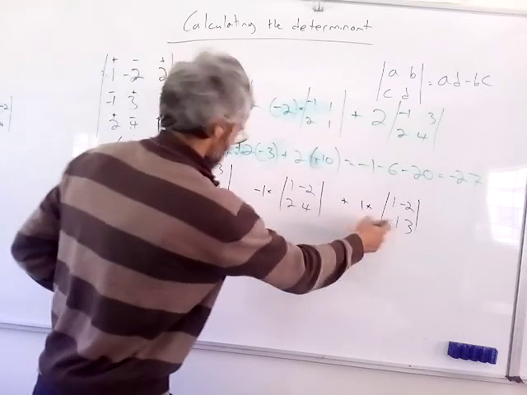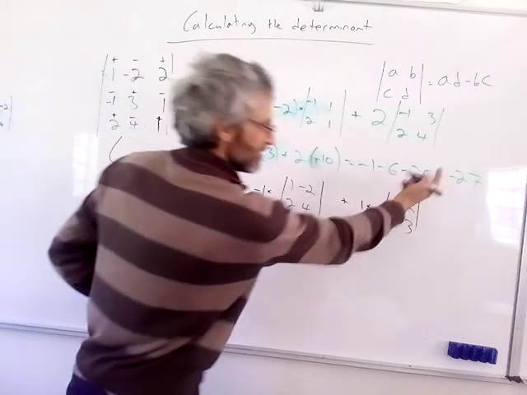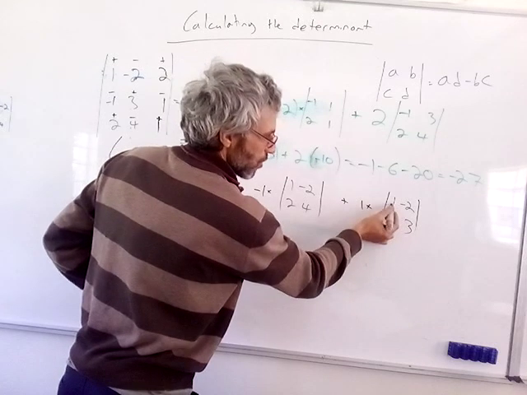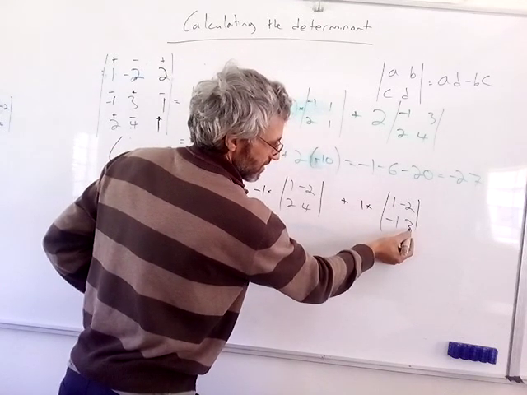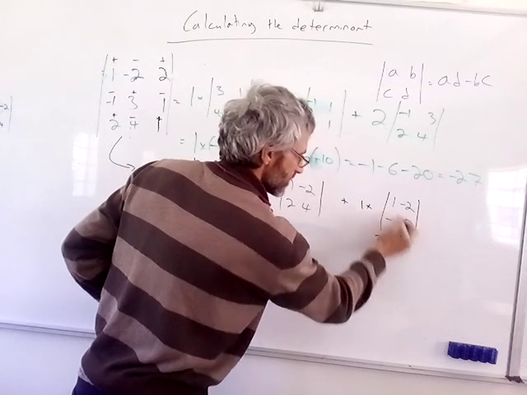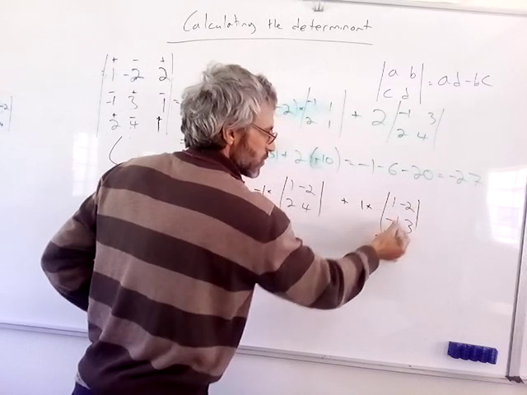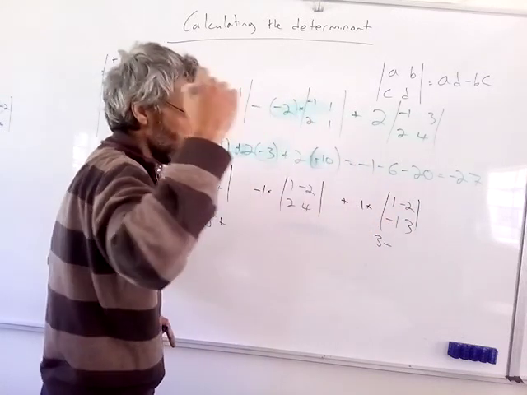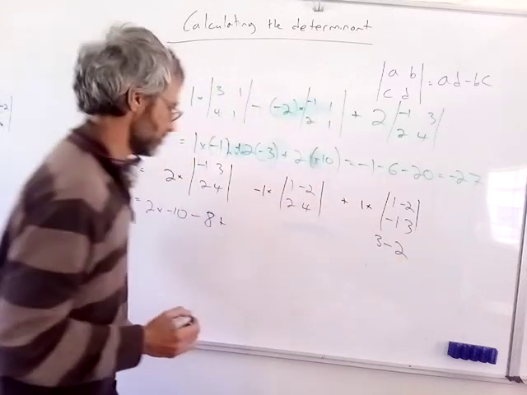Plus, okay, that better be, because I already have -28, I better have plus 1, -1 here. So 1 times 3 is 3. Okay, so I'll write it down here. So 1 times 3 is 3 minus 2 times -1 is +2, but I've got 3 minus 2.